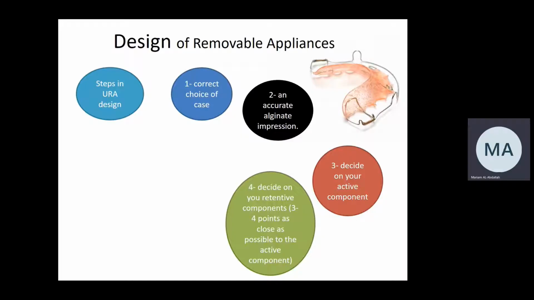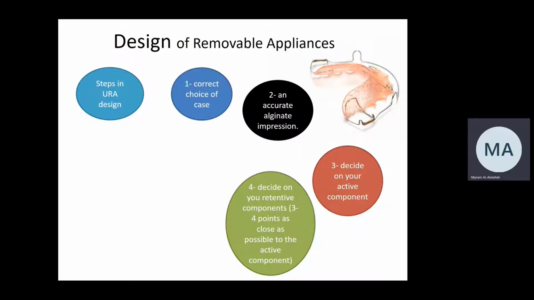After that, you decide on your retentive components. As we said, retentive components, the main aim is to retain the appliance in place. It's important to have at least 3 points of retention. If you have abrupt heavy force, like for example in cases of expansion screws, then you have to use 4 points of retention.